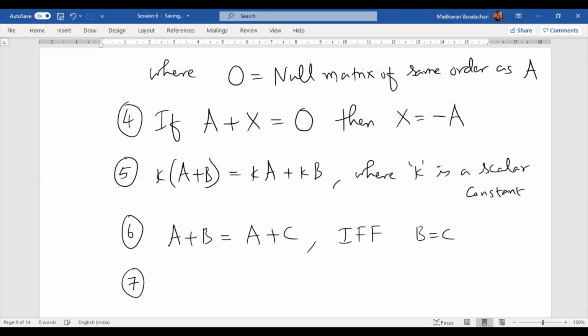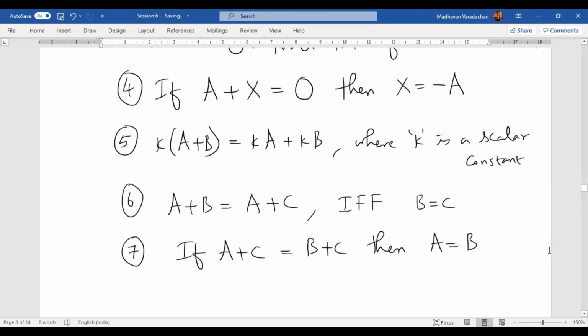Next, if A plus C is equal to B plus C, then A should be equal to B. That is our seventh property.